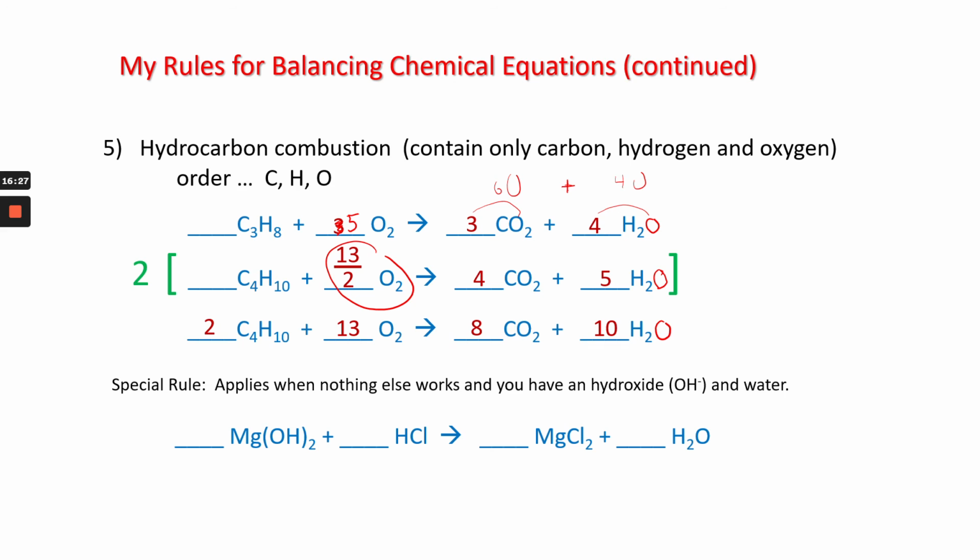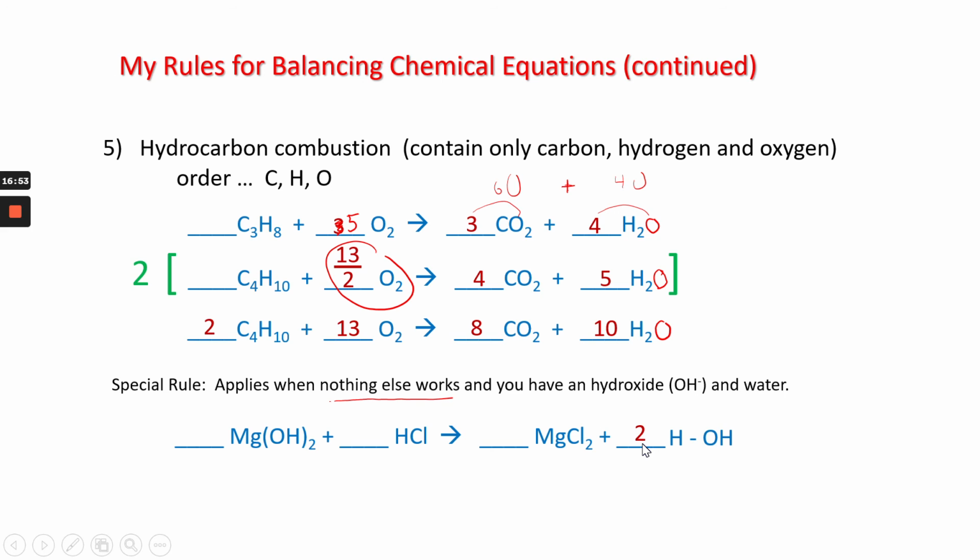It says applies only when nothing else works. Well, what we're going to do is we're going to rewrite water, H2O, as HOH. Now, it looks like I have two OHs on the reactant side and I have one OH on the product side. Well, to fix that, I'm going to go ahead and put a coefficient 2 there.